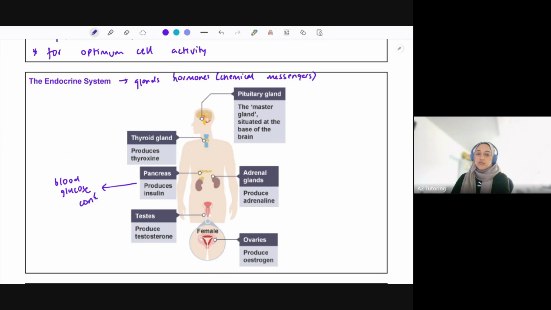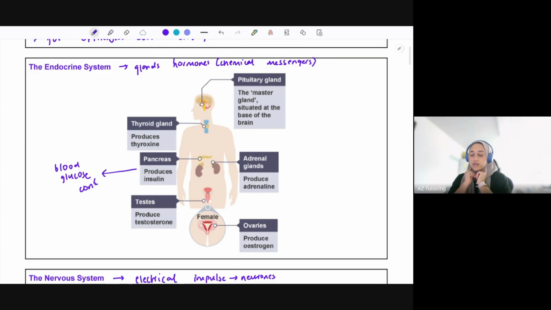It tells other glands what to release. We've then got the thyroid gland in our neck, and that produces the hormone thyroxine. This is responsible for controlling our metabolism. Just remember, our metabolism is the sum of all the chemical reactions happening in our body.